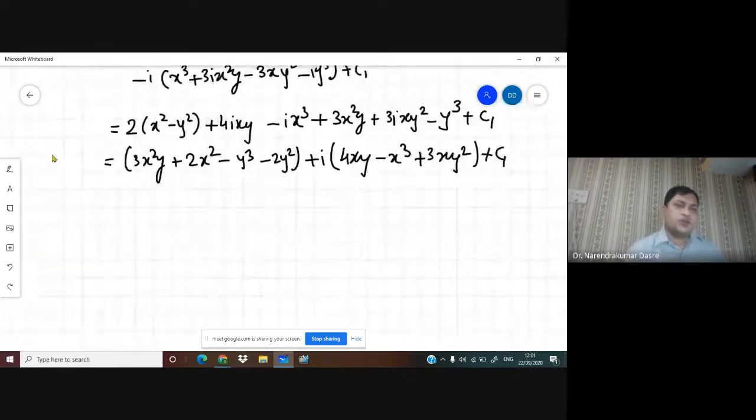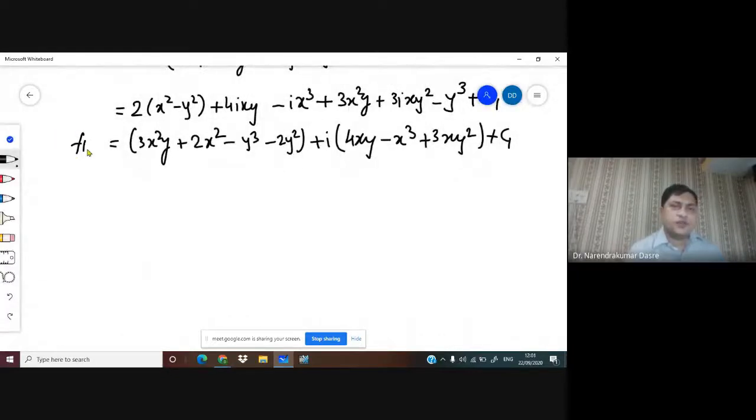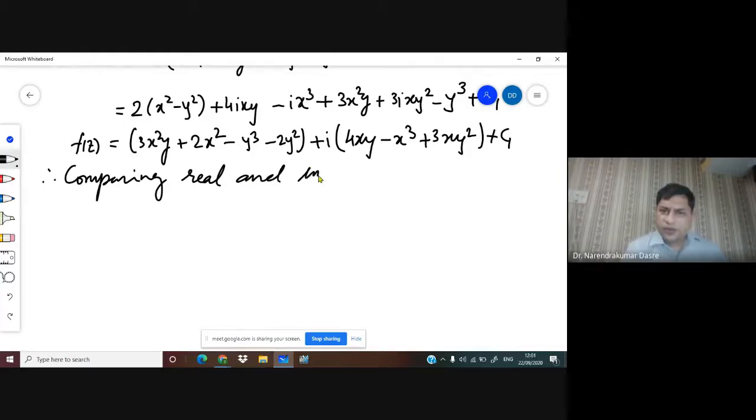So this is what we have got, f of z. Now what we can do is compare the real and imaginary parts.